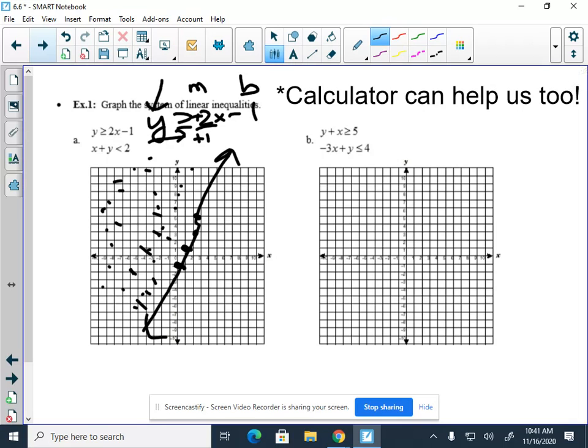But now we need a second equation. But the second equation doesn't have y by itself. So we need to get rid of the x because it's on the same side as y. So I'm going to subtract x from each side. And we get y is less than negative x plus 2.